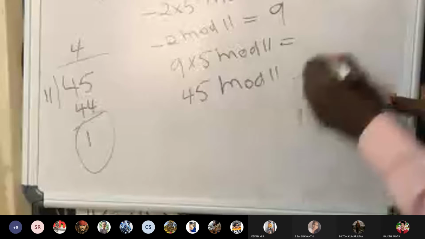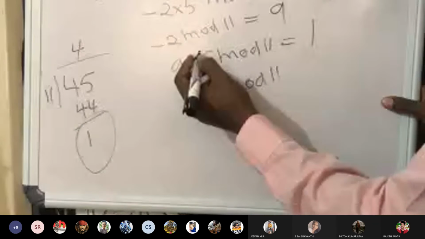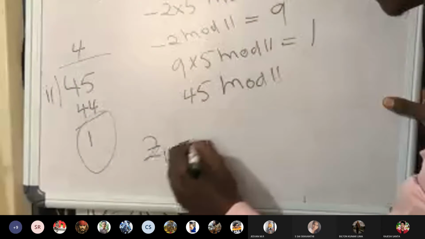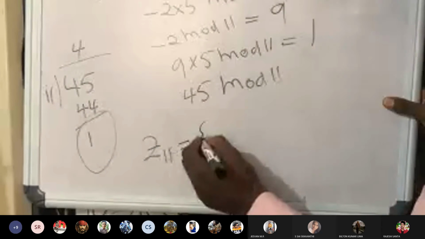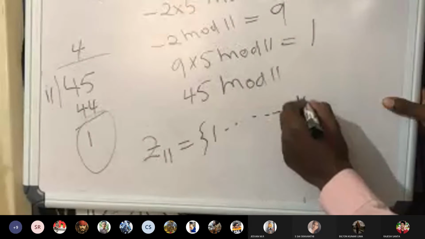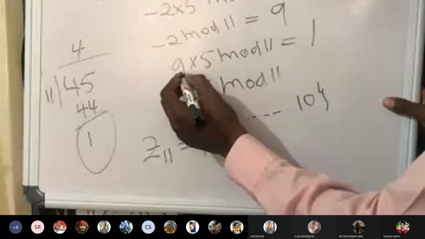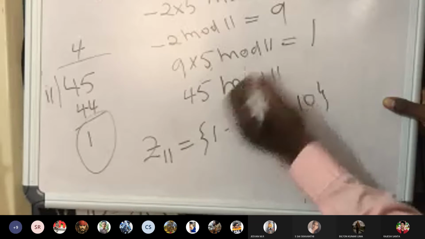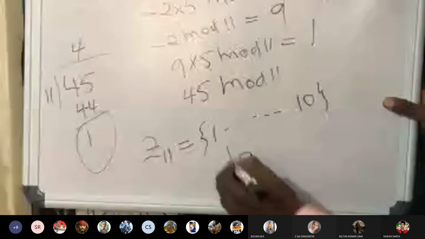Now, the multiplicative inverse of 5 in Z11, from 1 to 10, the only integer which can be the inverse of 5 in mod 11 is only 9.